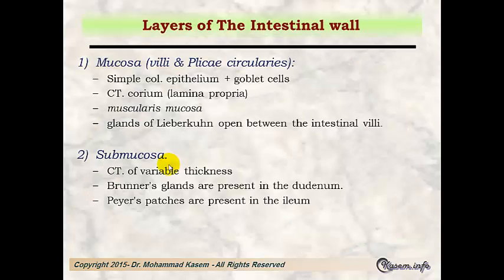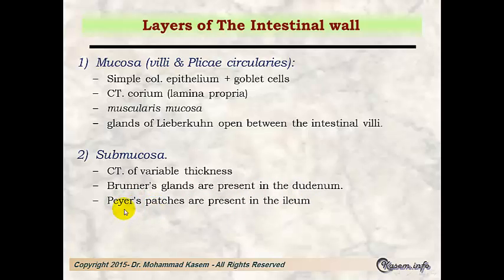Now we'll explore the layers of the intestinal wall. First, the mucosa, composed of simple columnar epithelium plus goblet cells, connective tissue corium, as we mentioned before, the muscularis mucosa, the muscle layer of the mucosa, the glands of Lieberkühn, which open between the intestinal villi, and then number 2, the submucosa, which is composed of connective tissue of variable thickness, the Brunner's glands, which are present in the duodenum only, and the Peyer's patches.